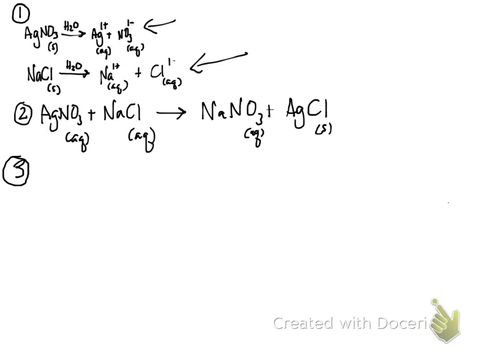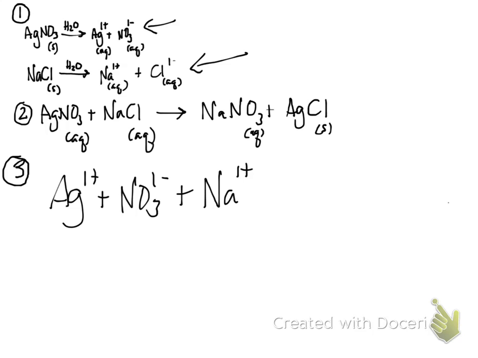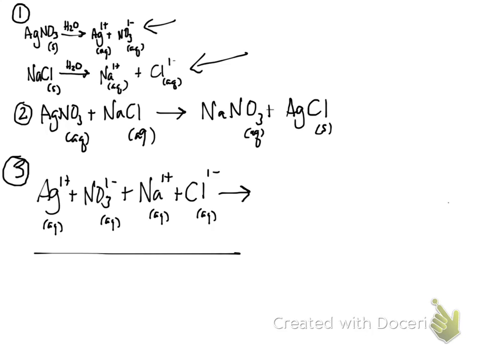So we're going to take our Ag1+ plus our NO3 1- plus our Na1+ plus our Cl 1-, and every last one of these is aqueous. So we're going to list all of the ions that are participating on the reactant side. Now we're going to put all of the ions on the other side that are still in an aqueous form. So which ones are we going to put there?